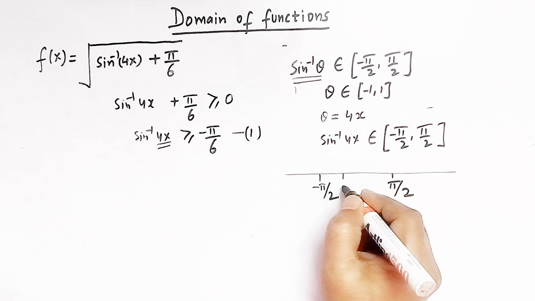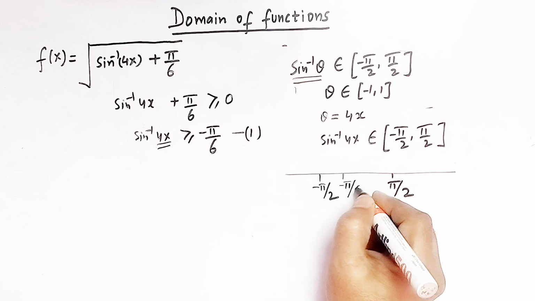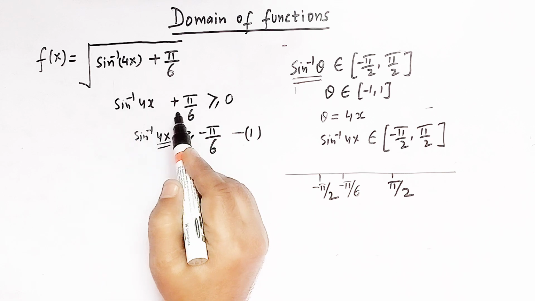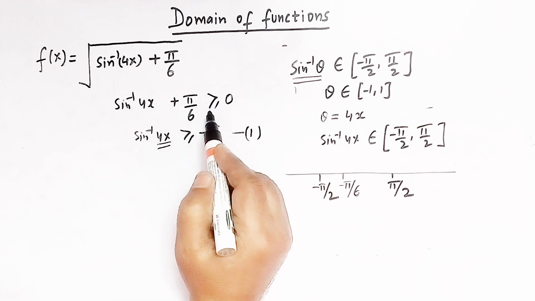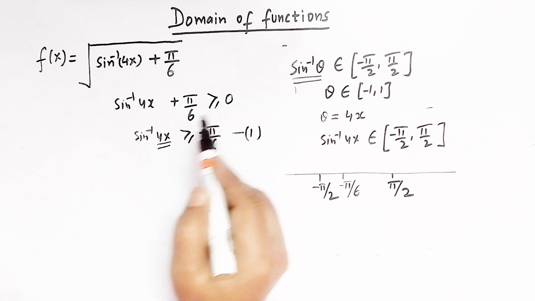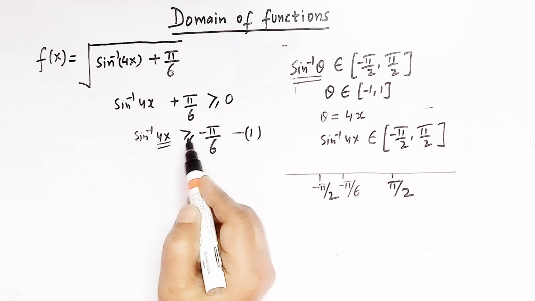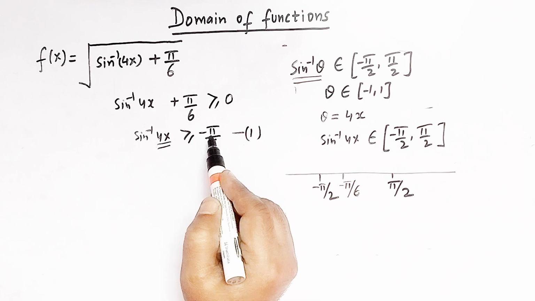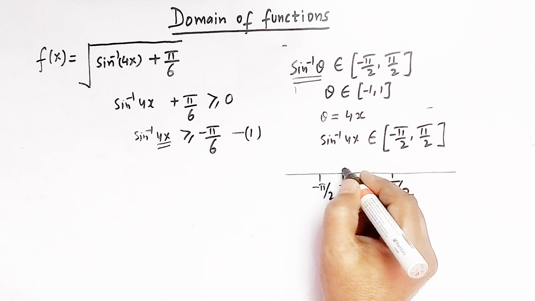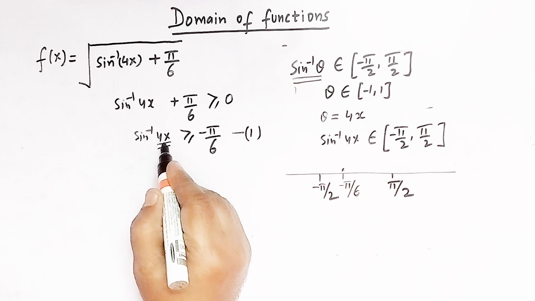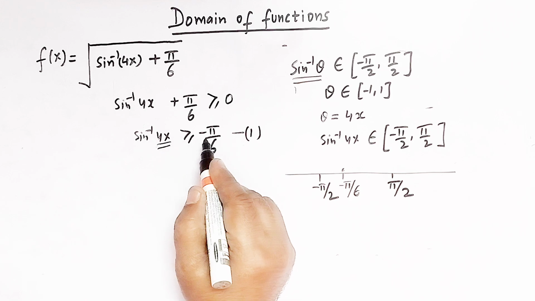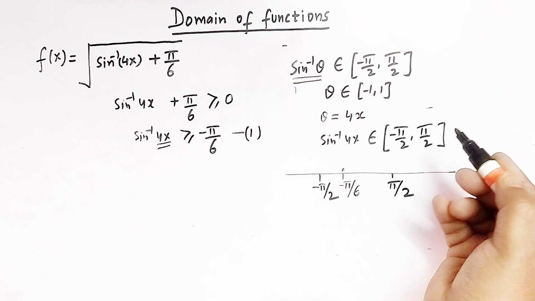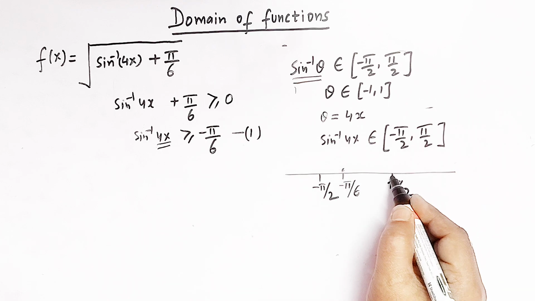So to fulfill this condition, sine inverse 4x plus pi by 6 should be greater than or equal to 0, that is, sine inverse 4x should be greater than or equal to minus pi by 6. So here the minimum value of sine inverse 4x should be minus pi by 6, and sine inverse 4x can go up to pi by 2, right?